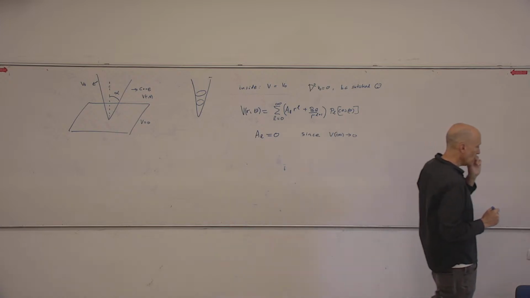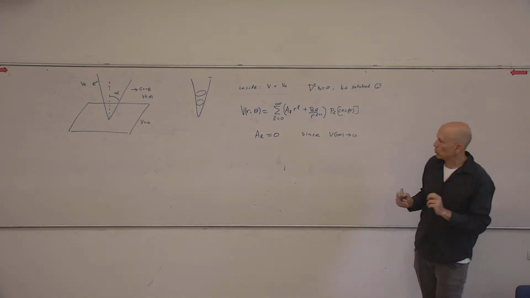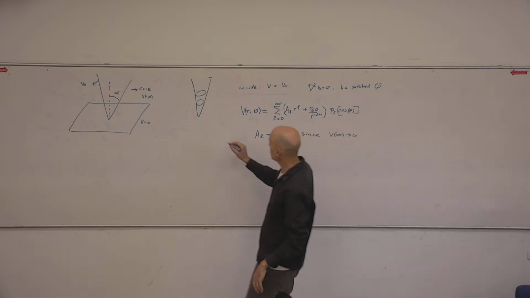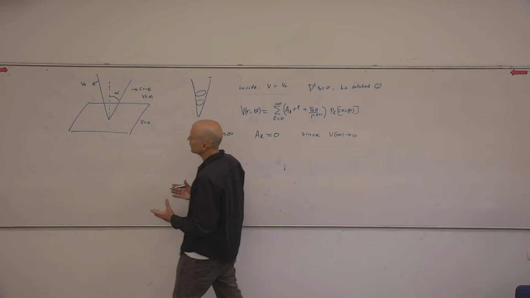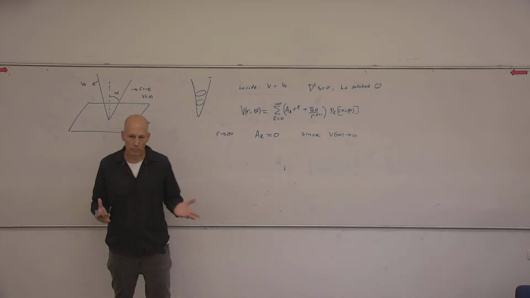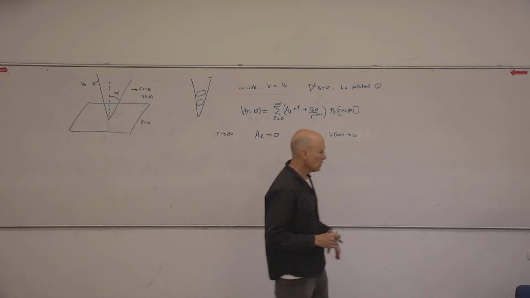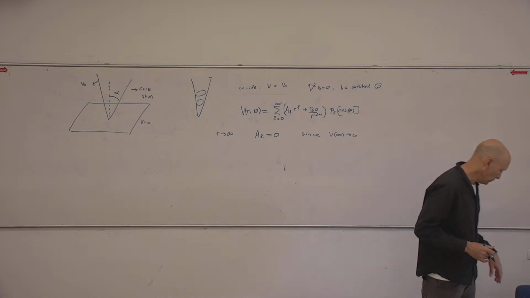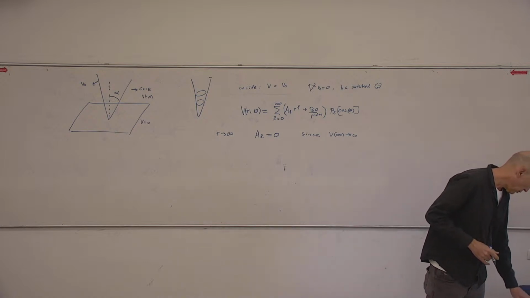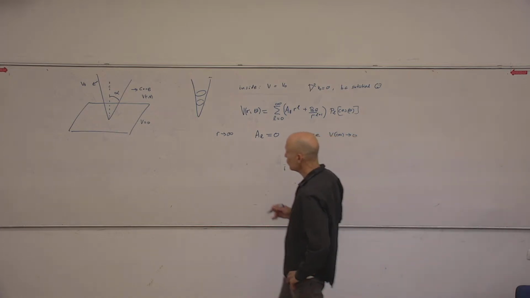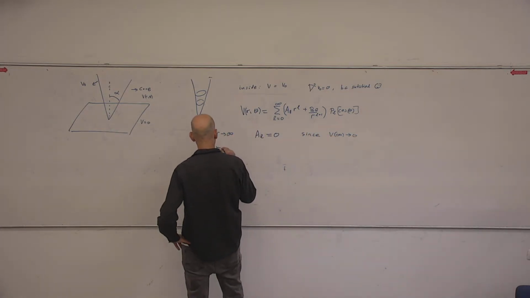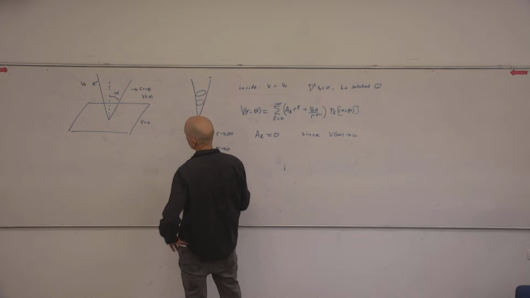So now where shall we look? This is when I look at R to infinity. What is the other easy point? Let us look at R small. So if R is small, what will we get? Assuming that the solution is not diverging, R equals 0.